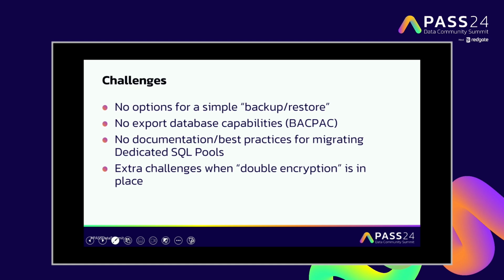It's called double encryption because Azure, at the platform level, all of that stuff is automatically encrypted anyway. You can choose to turn on TDE, which uses just the Azure base encryption to do that.